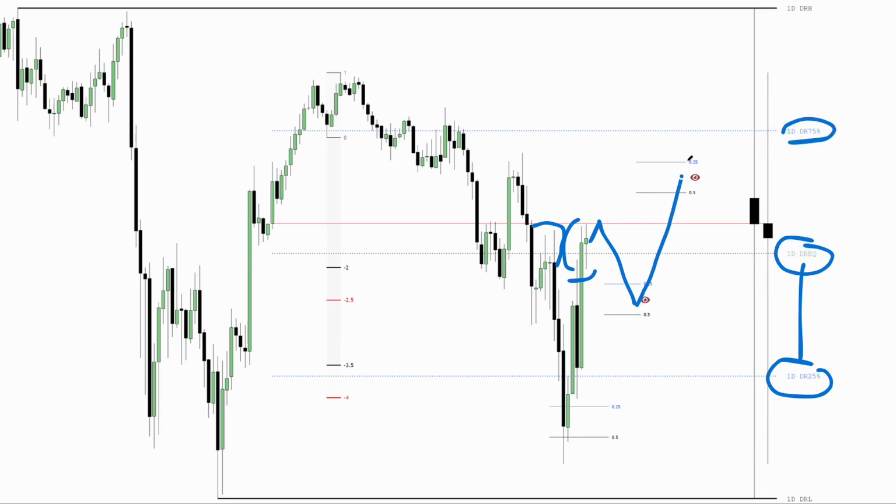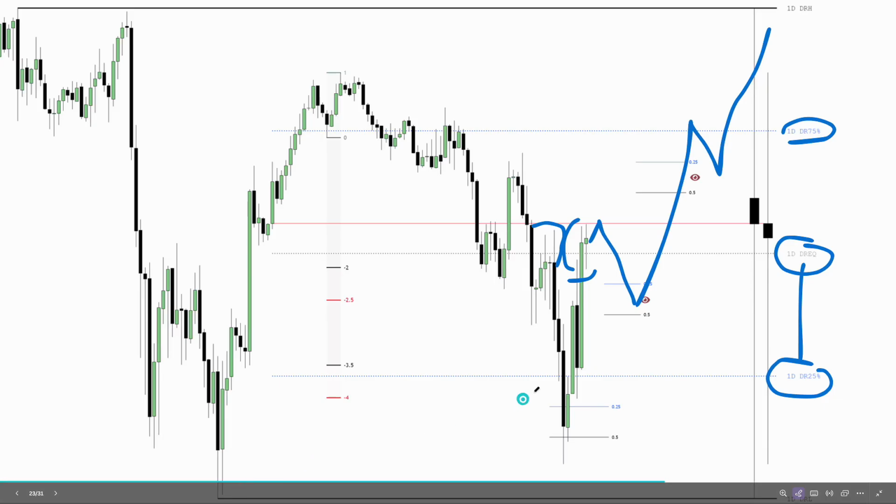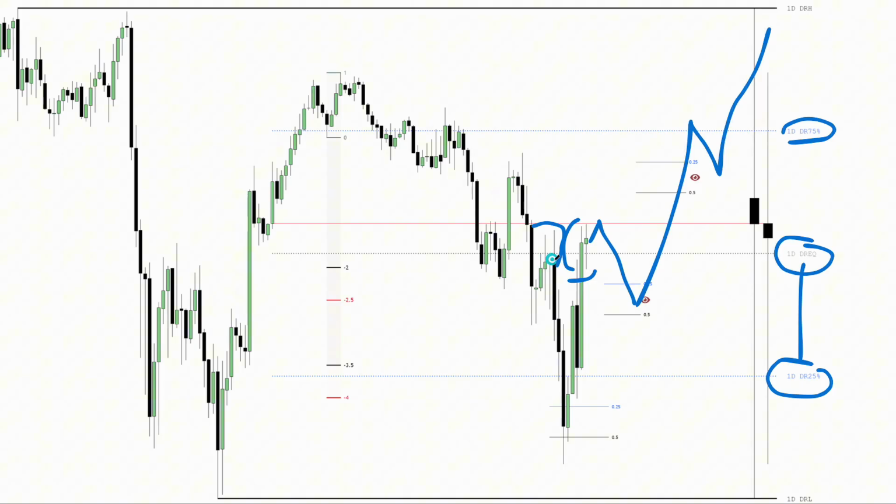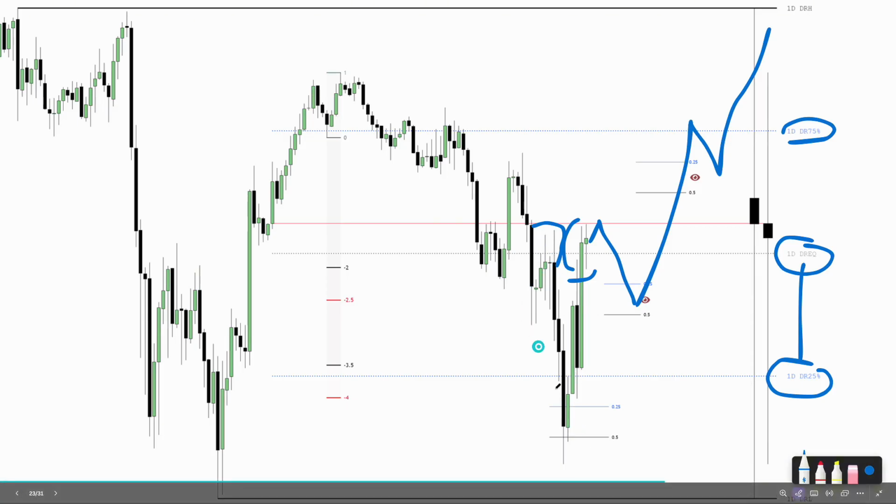Move above, return, and continue. Okay, but it's very important this close above the equilibrium, because the previous close is only wicks to continue in the redistribution area here, the 25.